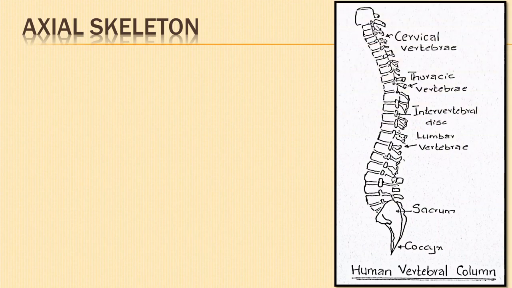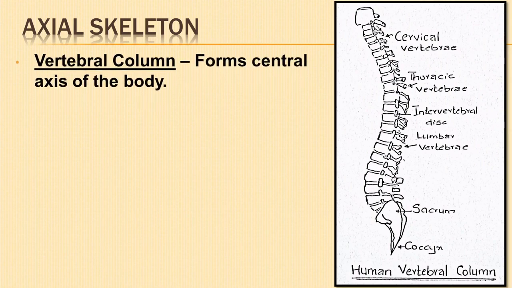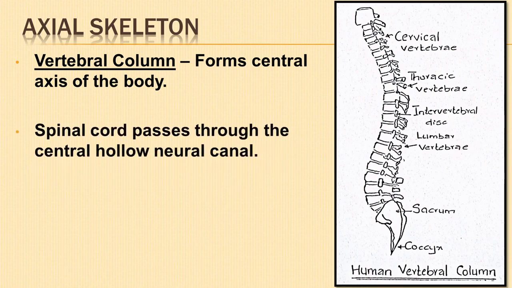Next is the vertebral column or backbone. It forms the central axis of the body and is also known as the backbone. It extends from the base of the skull. Each vertebra has a central hollow neural canal through which passes the spinal cord.